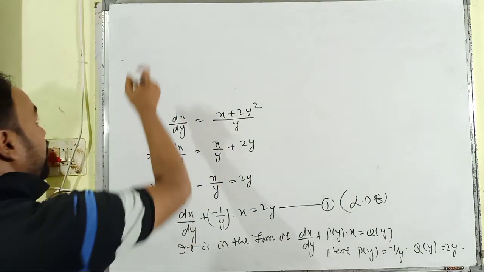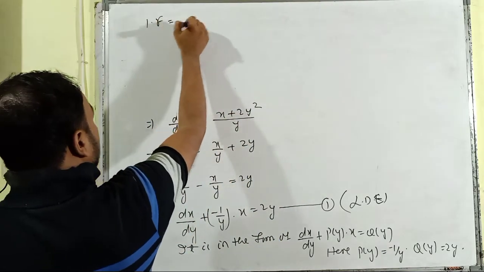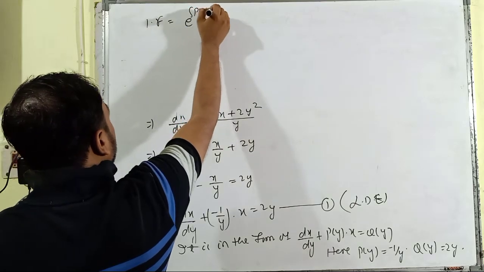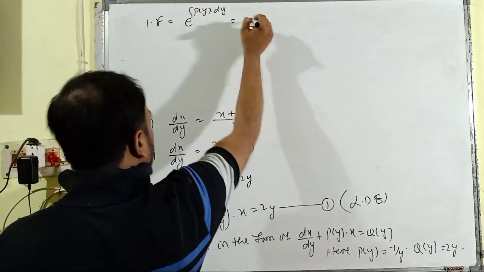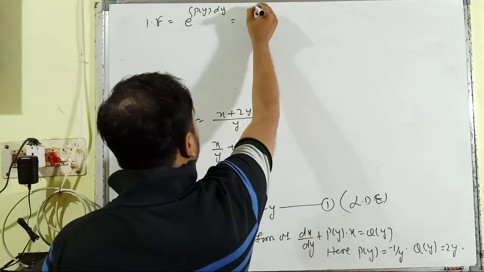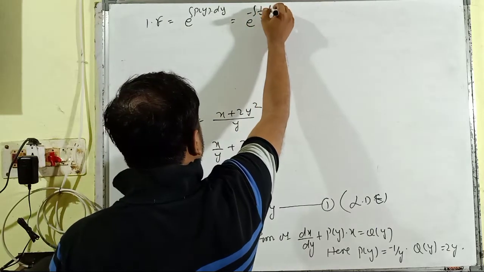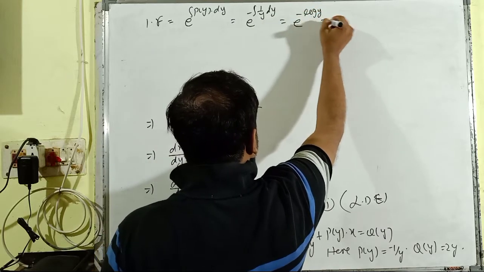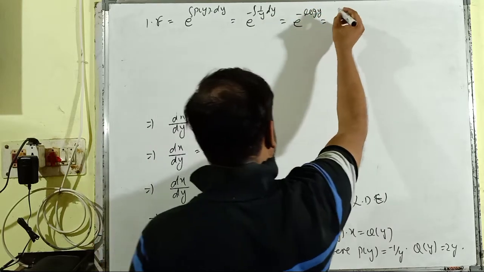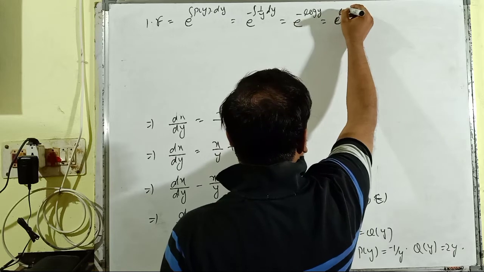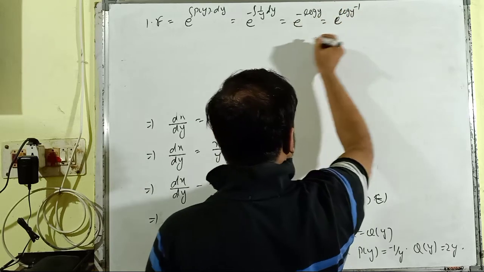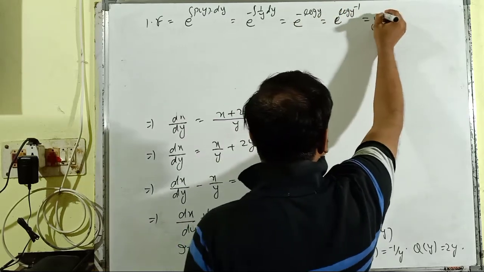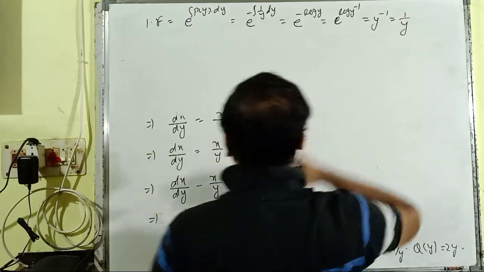The integrating factor will be e to the power integral of P(y) dy, that is e to the power integral of minus 1/y dy, which is e to the power minus log y. So it will be e to the power log y to the power minus 1, that is y to the power minus 1, which means 1 upon y.